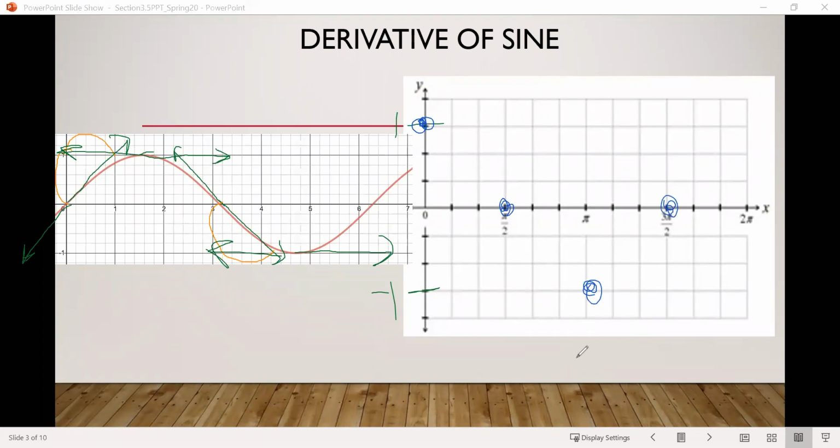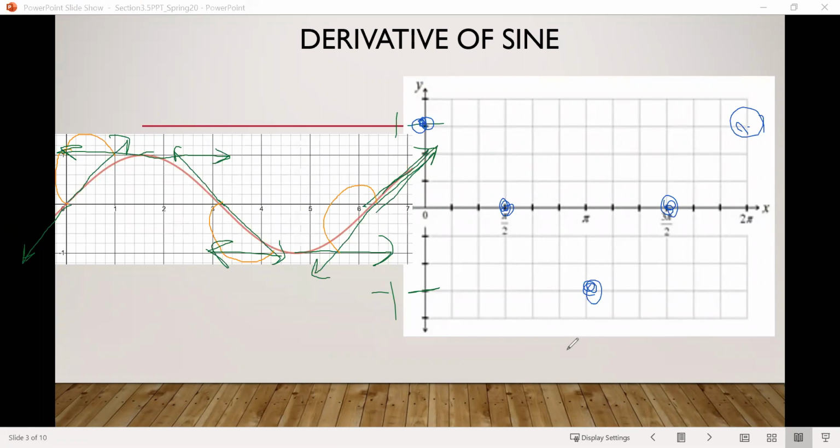And at 2 pi, you can draw the tangent line there. It looks something like that, maybe. Again, we see it's sloping up, and it's kind of hard to see where it goes off the grid, but starting at this point down here, it looks like we can go up 1, over about 1, so it's another spot where the slope of the tangent line is 1.